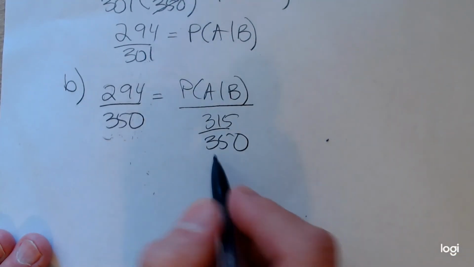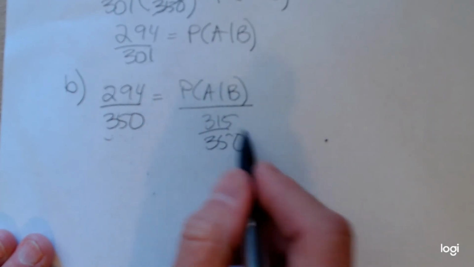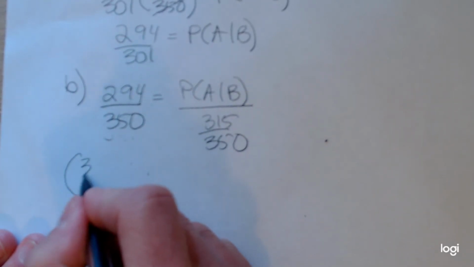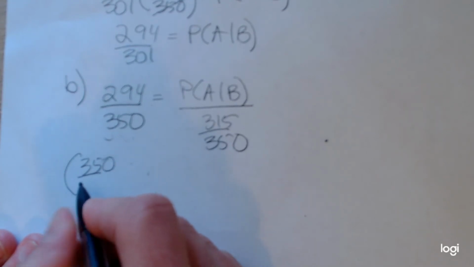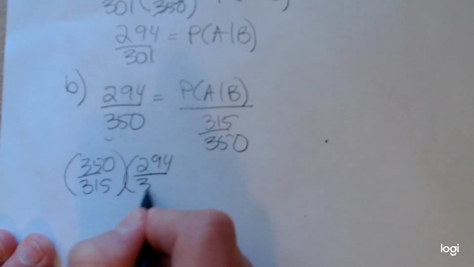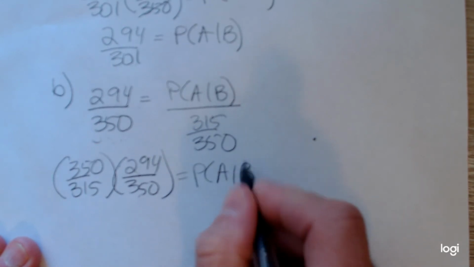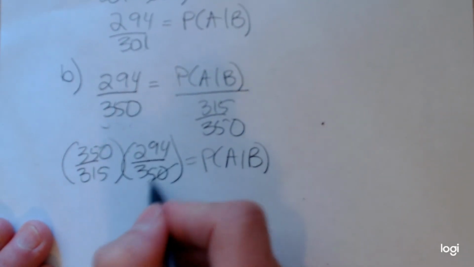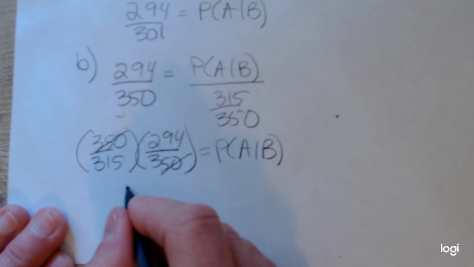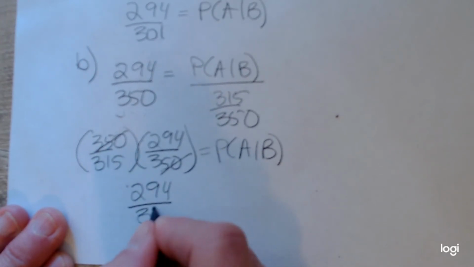Again, multiplying both sides of the equation by the reciprocal of this denominator, I have 350 over 315 times 294 out of 350, and that's going to be equal to the probability of A given B. Again, we can have these two values cancel, and then we have 294 out of 315.